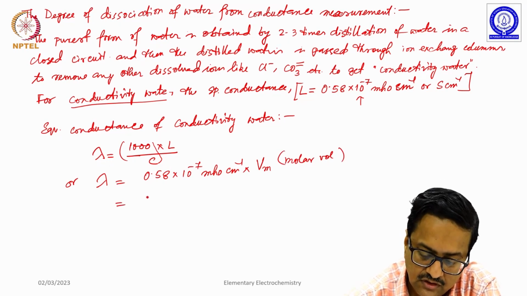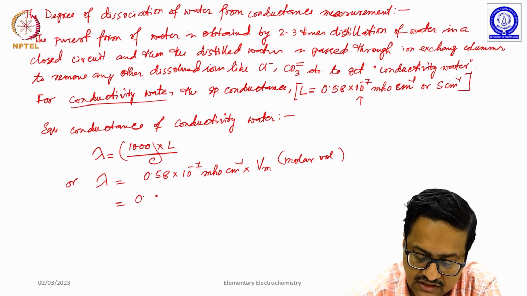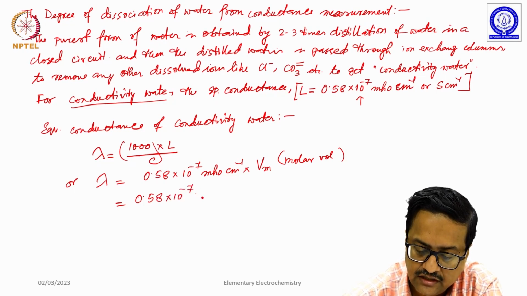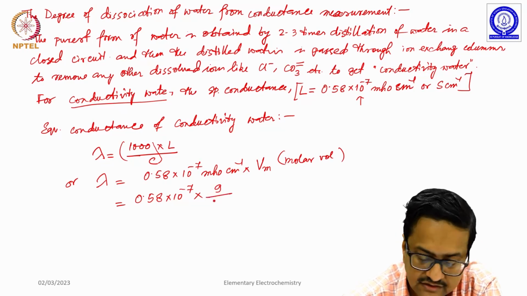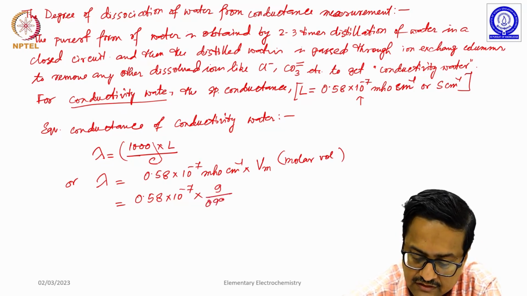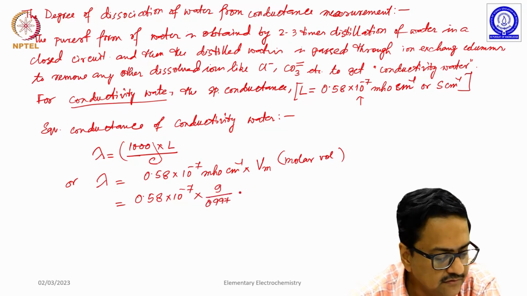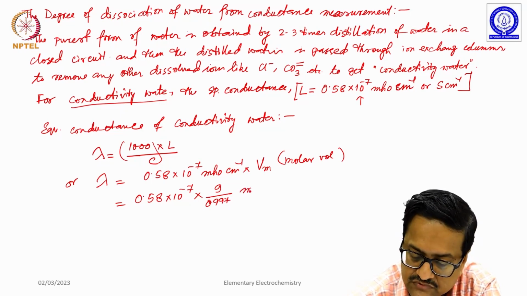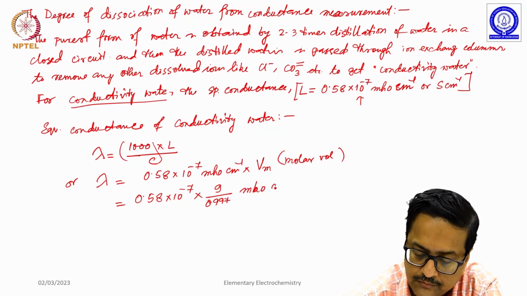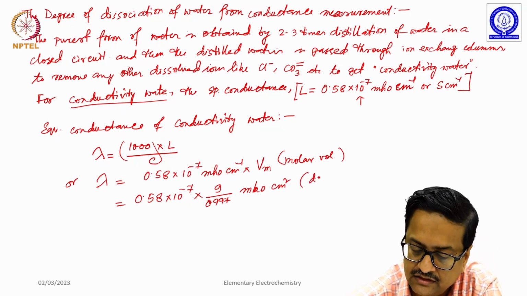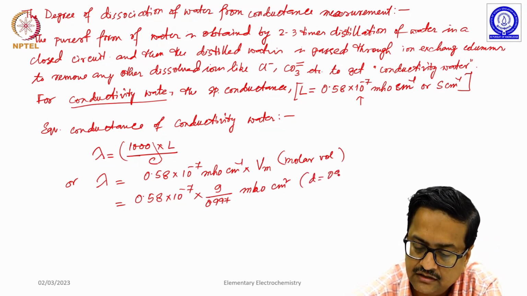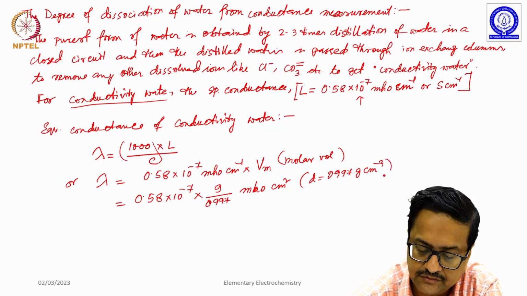So, now you can do this calculation easily. 0.58 into 10 to the power minus 7, molar volume of water is nothing but 18 by 0.997, and the unit becomes mho centimeter square, where density of water is 0.997 gram per cc.